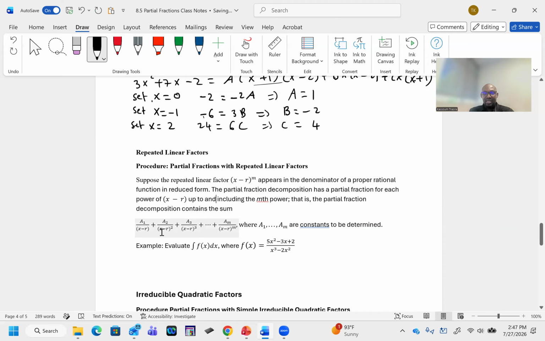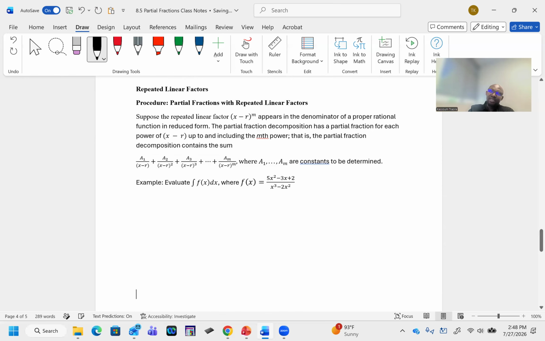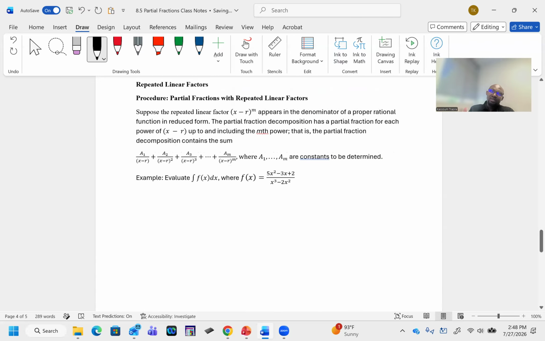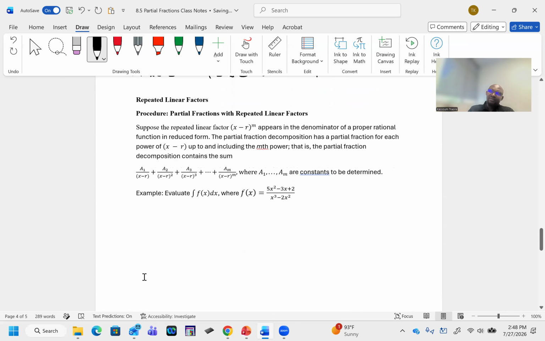A sub 2 divided by x minus r squared plus, and so on until you have, up to the mth power, where a1 to am are constants to be determined. Like for example, let's do this example so you will see what I mean. We will follow the same steps as we did on the simple linear factor.